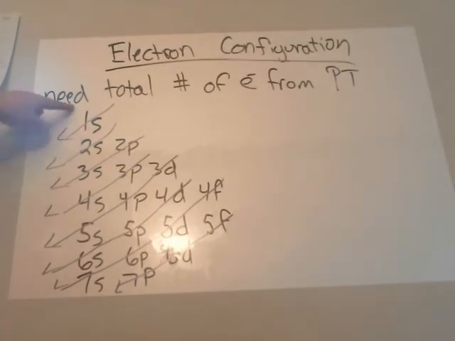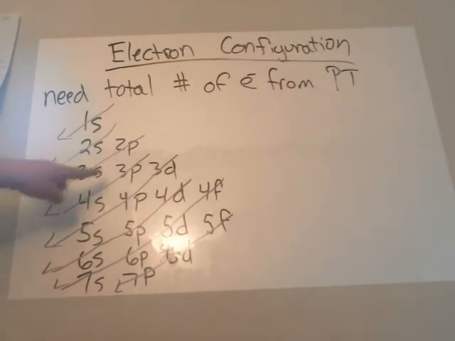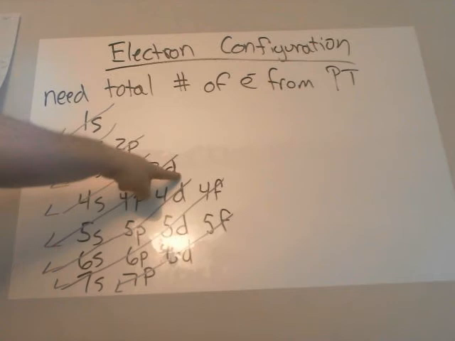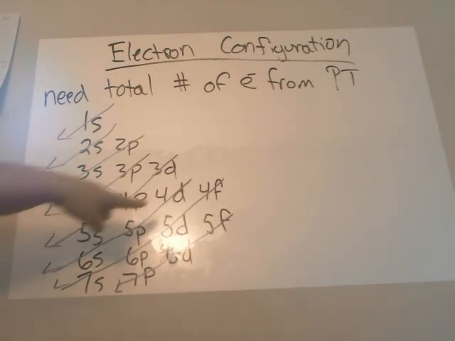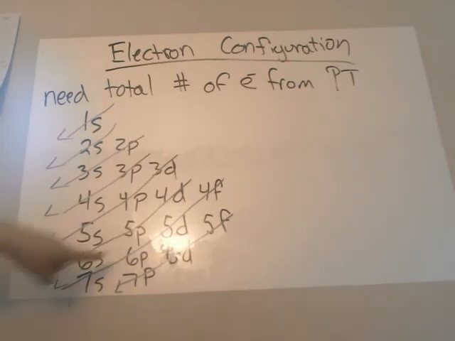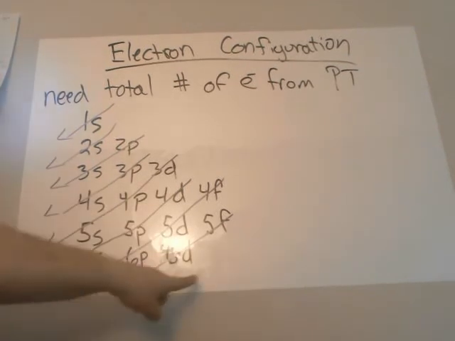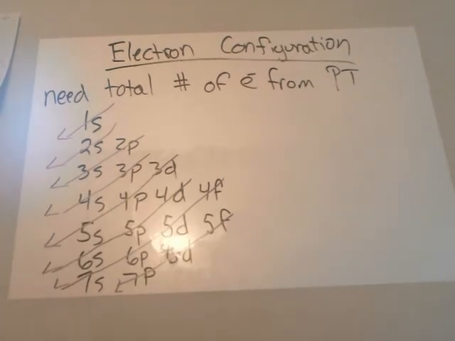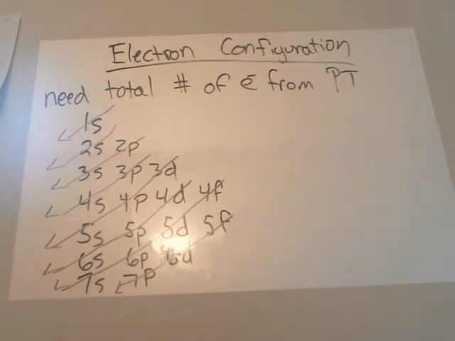So you'd start 1s, 2s, 2p, 3s, 3p, 4s, 3d, 4p, 5s, 4d, 5p, 6s, 4f, 5d, 6p, 7s, 5f, 6d, 7p. You follow the arrows diagonally to place your electrons.